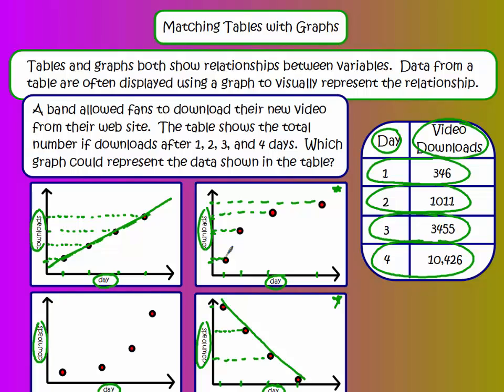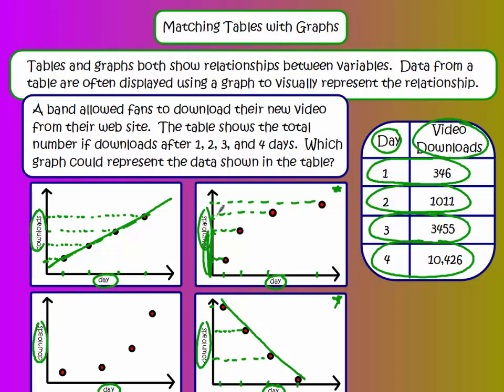So if this is 346, then this one, well, maybe that did jump to 1,000. So that's a pretty good jump. Now, from here to here needs to go up another 2,500. But I only went up 1,000 in this whole section right here. So is this going to be another 2,500? That doesn't make much sense. If that scale is going to be at all accurate, then that's not going to make any sense. So that's probably not our graph either.